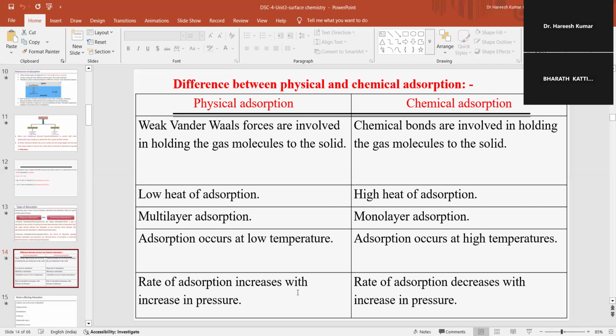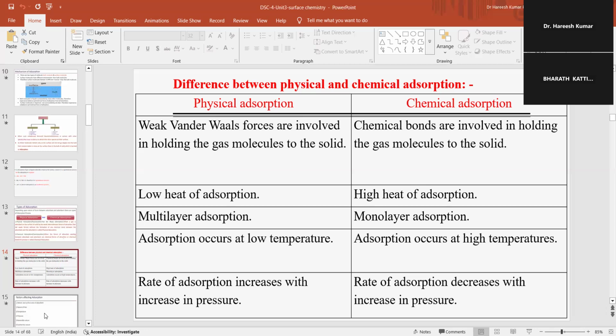The rate of adsorption increases with increase in pressure. Van der Waals force of attraction is only in physical adsorption. Stronger forces than van der Waals forces of attraction are involved in chemical adsorption. Rate of adsorption increases with increase in pressure with respect to physical adsorption. Rate of adsorption decreases with increase in pressure with respect to chemical adsorption.